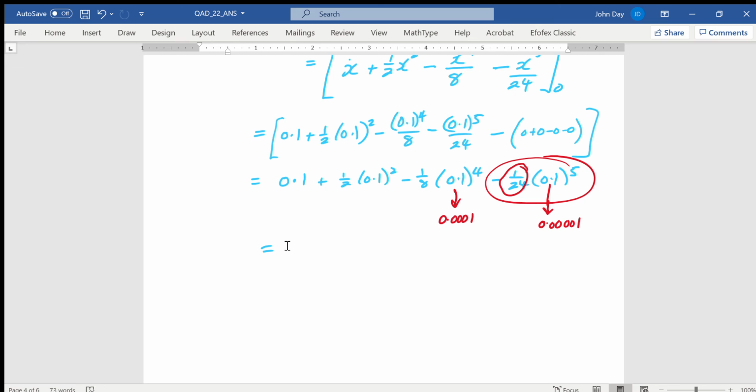And then I'm just going to add it on anyway, even though I know it's not going to have an effect, minus 1 on 24 times 0.1 to the power of 5. And I get 0.1049870833, right? And I've been asked to do it to 3 decimal places, so it's 0.105.